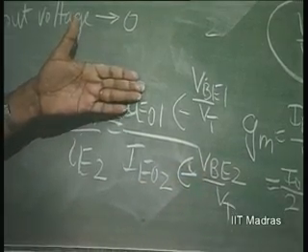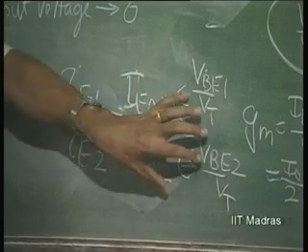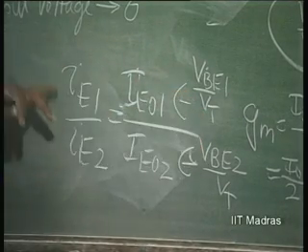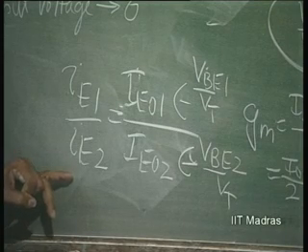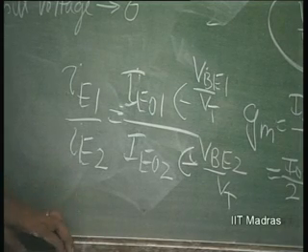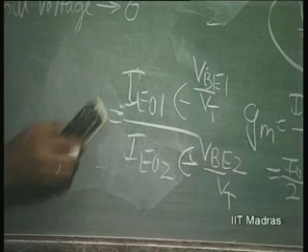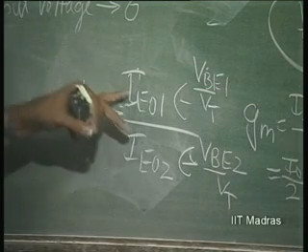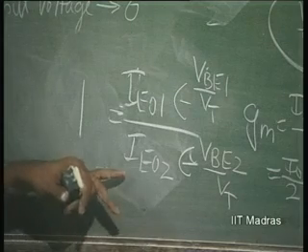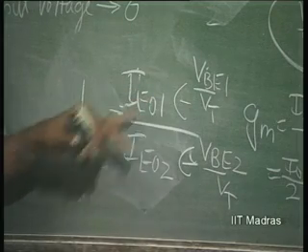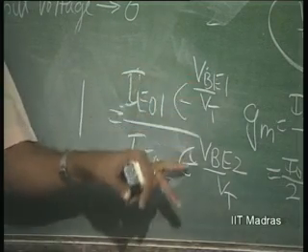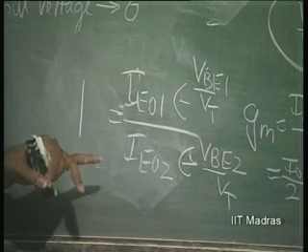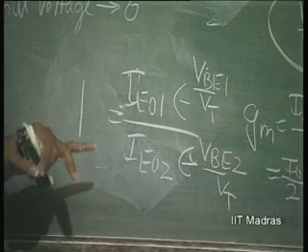When IE01 was equal to IE02, exponent VID by VT should then become equal to 1, or VID equal to 0. That is the input offset.